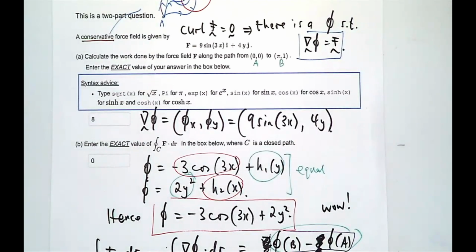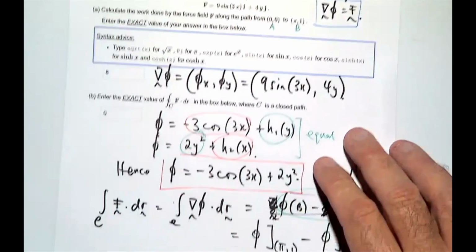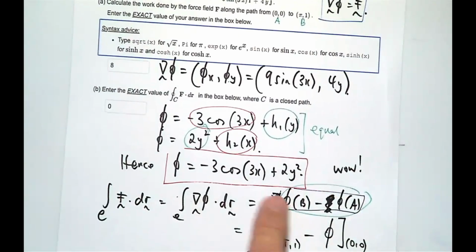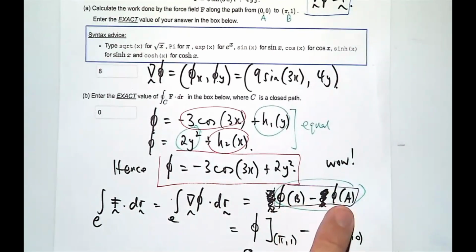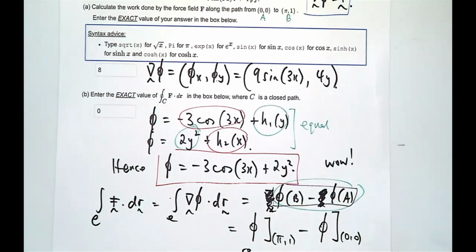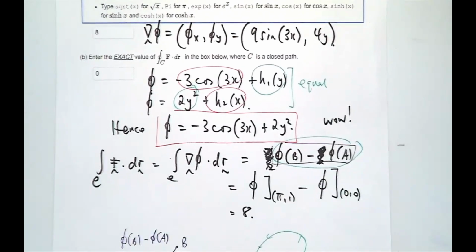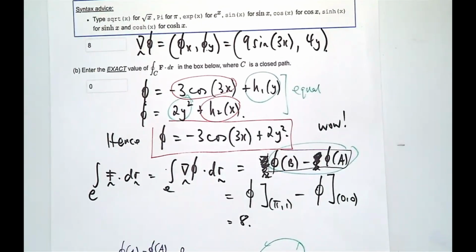Okay? Once you've done that, happy days. It's just the fundamental theorem, which is the phi at the end point minus the phi at the start point. Okay? So I think I did this in a lecture last week, but it's a good example.